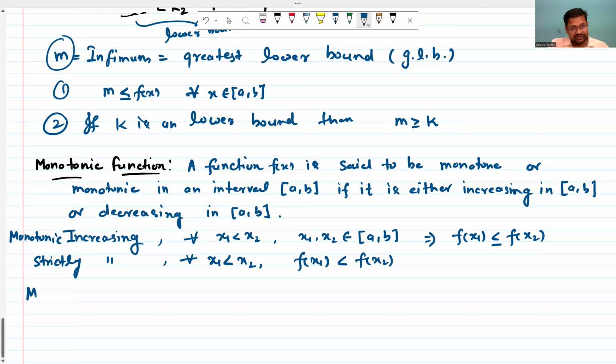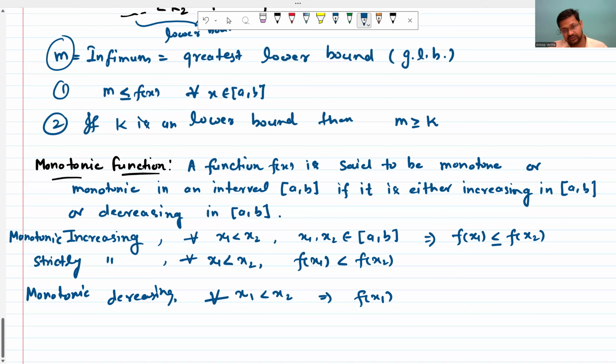Similarly, monotonic decreasing. Decreasing means for all this pair x1 is less than x2, the function's value decreases.